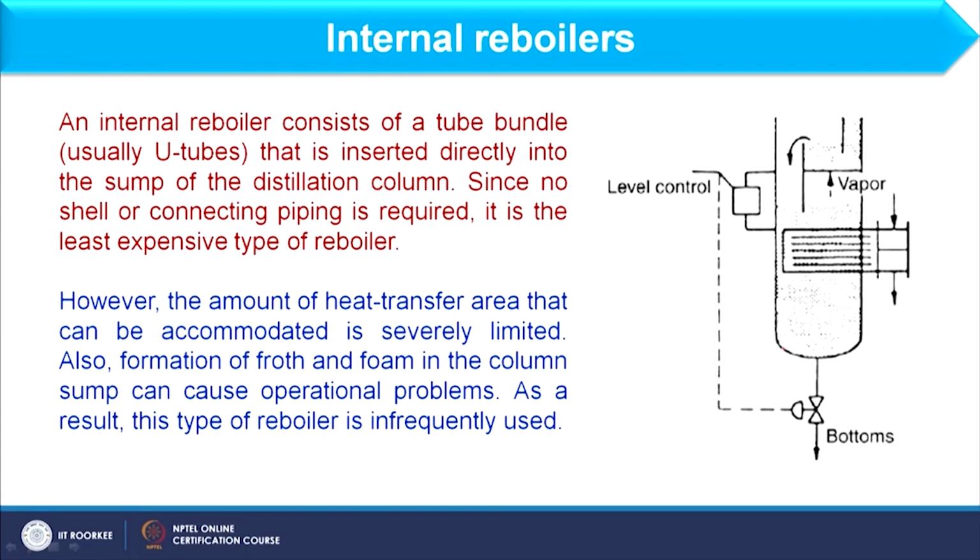We have another type of reboiler which we consider as internal reboilers, okay. So for the internal reboiler, if you see in this schematic, here we have this reboiler, and the complete bundle of tubes enters the distillation column, or it is fixed in the distillation column, and here we have the liquid which is converted into vapor and moved directly in the upward direction.